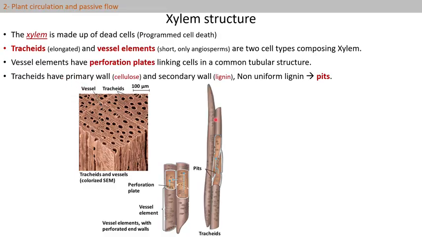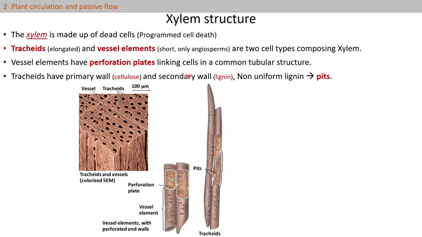Tracheids are fairly similar. However, they are a little bit different in the sense that they have a primary wall made of cellulose, but they also have a secondary wall made of lignin. What that means is that the surface of the pipe is non-uniform and there are pits, and we'll see that it has an importance.